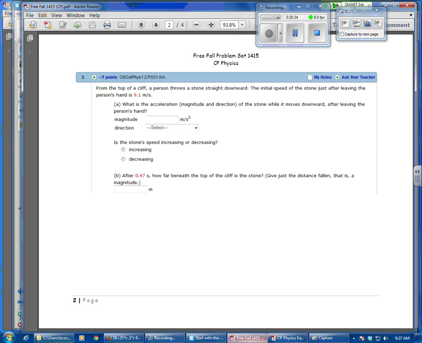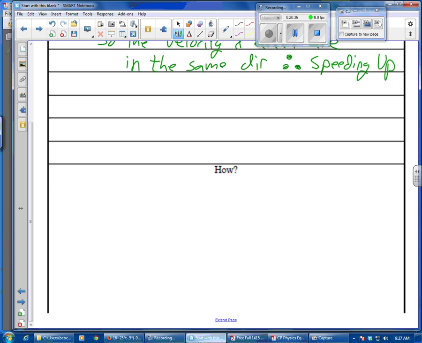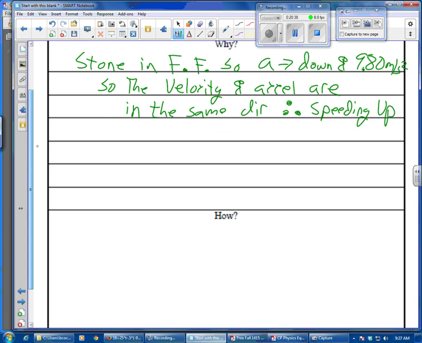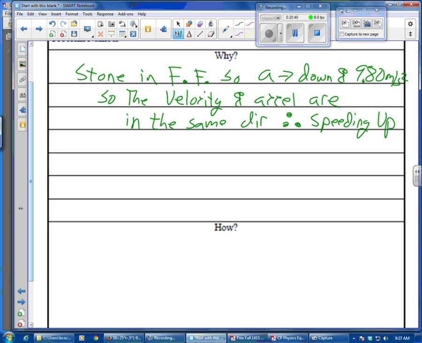Like when we wrote the y here, we wrote that the acceleration was this big. That's its magnitude, 9.80 meters per second squared. Its direction is down. So the vector that is acceleration is down at 9.80 meters per second squared.